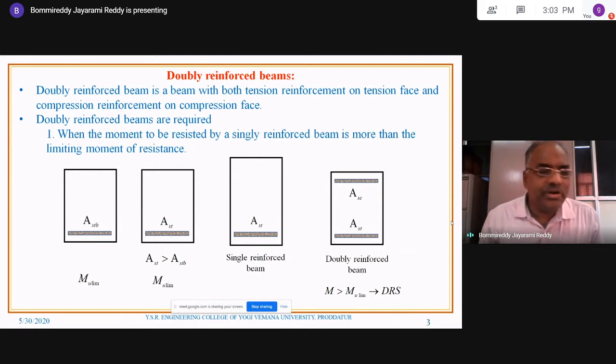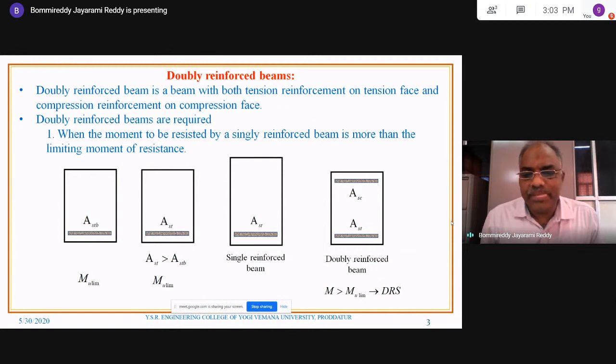When the graph is drawn between the moment carrying capacity and percentage of steel reinforcement, up to a certain percent, that is equal to the balanced percentage of steel reinforcement, the moment carrying capacity increases continuously and thereafter it is constant. So any additional steel reinforcement provided on the tension face will not carry any additional moment.